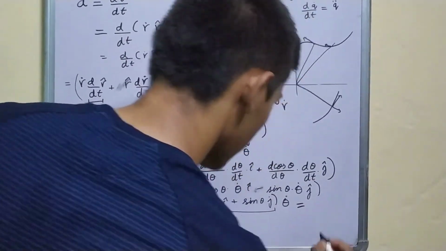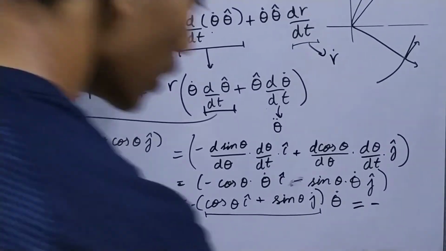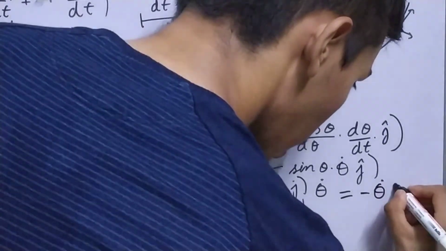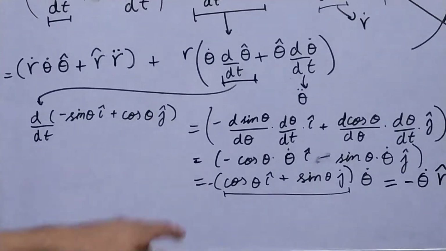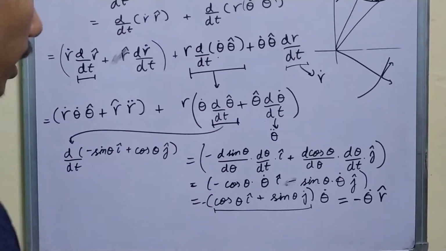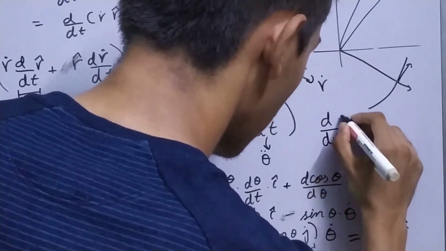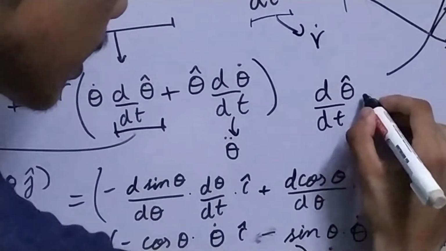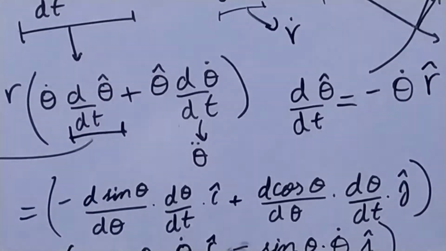So you can write this as minus, don't forget the minus sign, theta dot r cap. So d theta cap by dt is minus theta dot r cap.